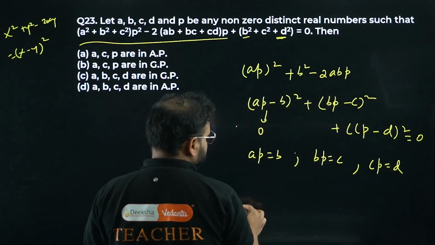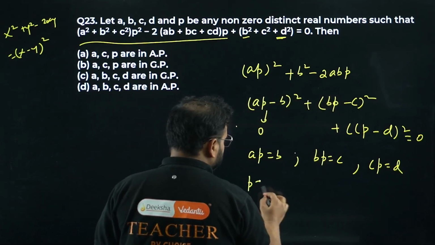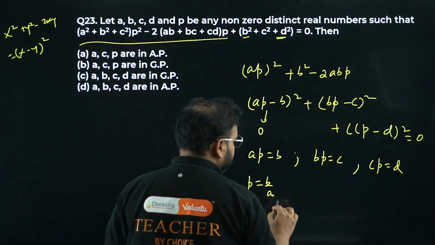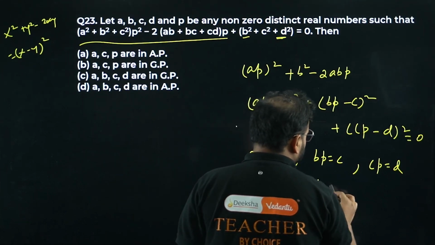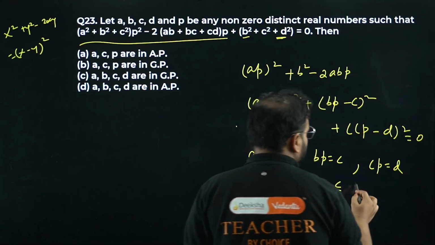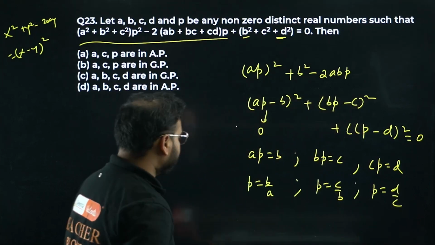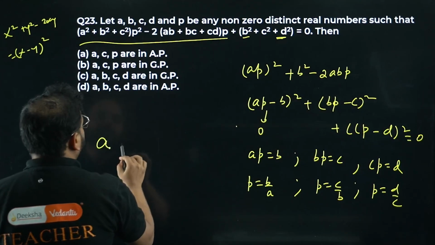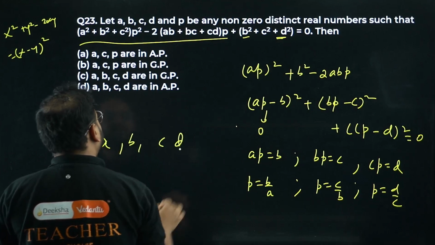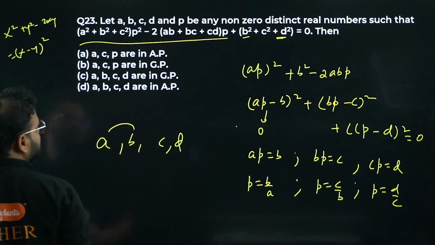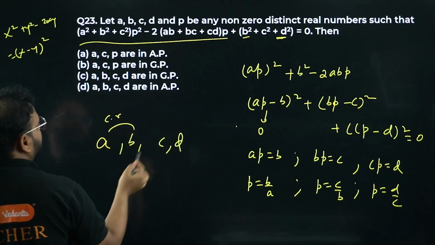So from here I'm getting P equals B by A, P equals C by B, and P equals D by C. Check very carefully. If I had numbers A, B, C, D, what is B by A called? It's called the common ratio. What is C by B called?